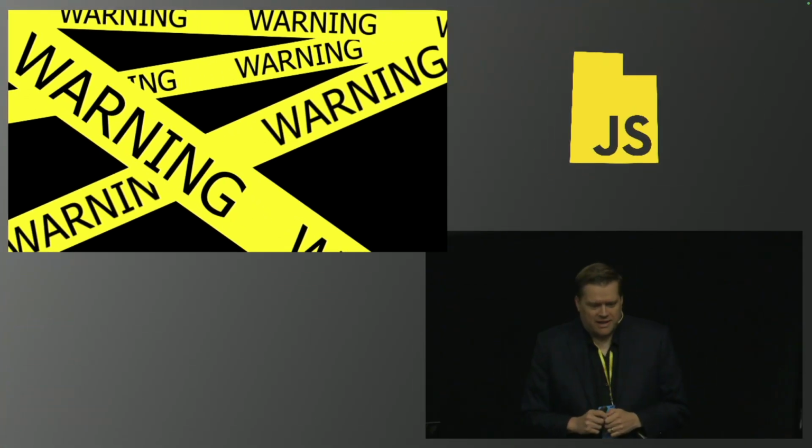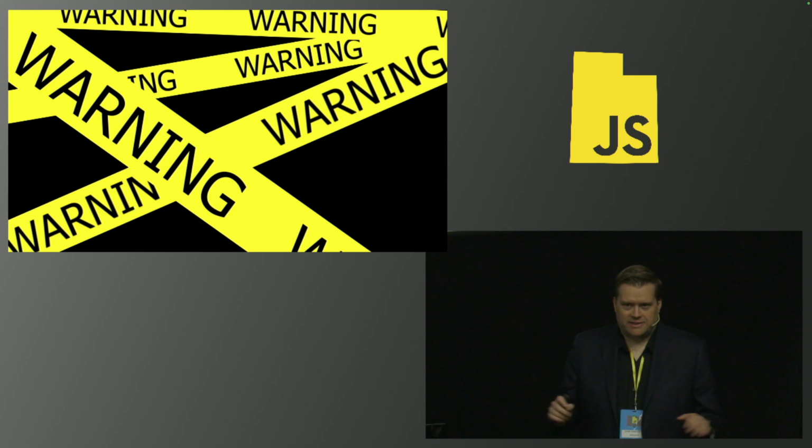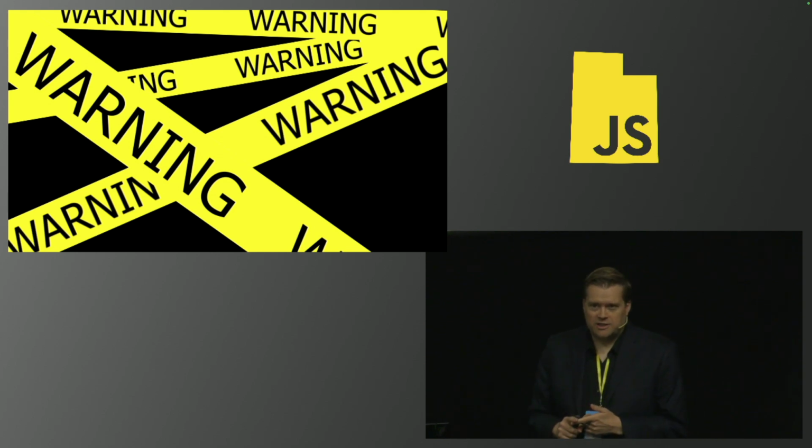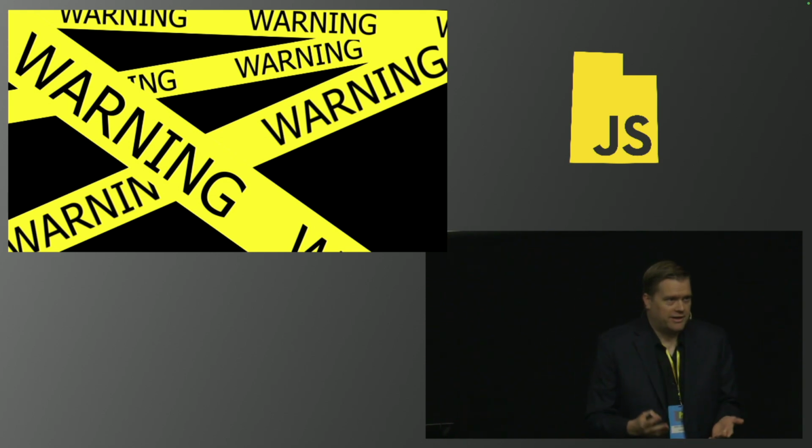I have a warning through this talk. What I'm talking to you about today is experimental, meaning use at your own risk. Things could change in the API. It could break in the future.